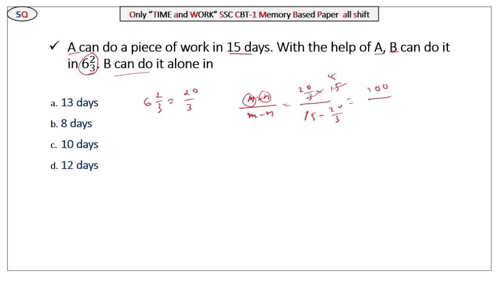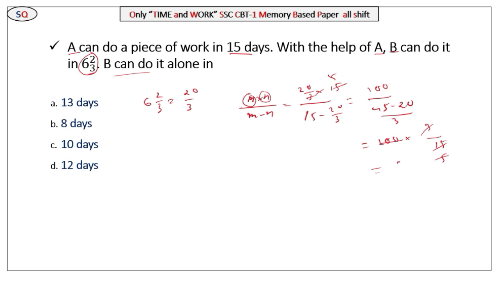So 45 minus 20 by 3 equals 100 into 3 by 15... now 3 into 5 is 15, so 100 into 3 by 25.